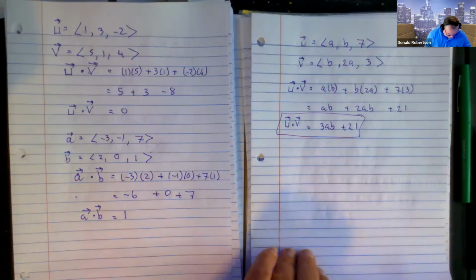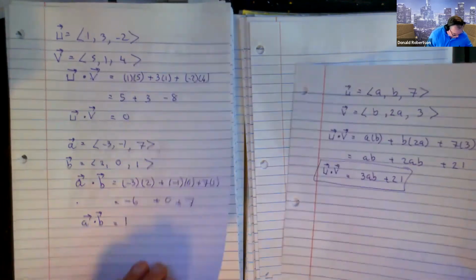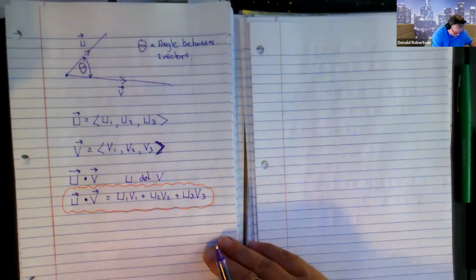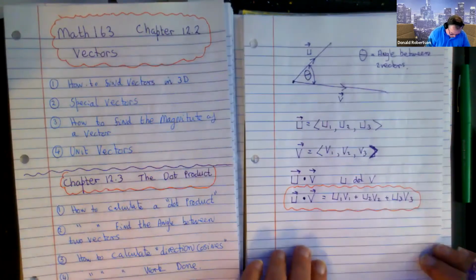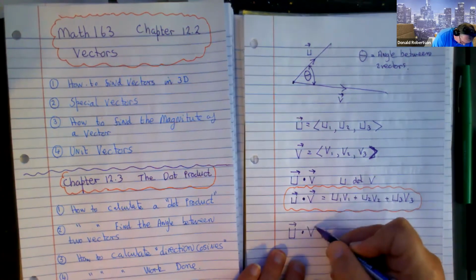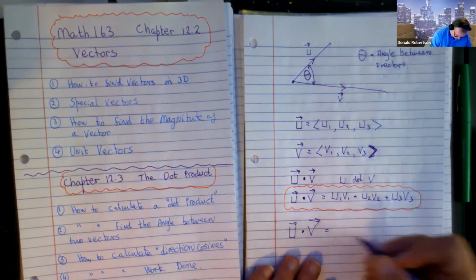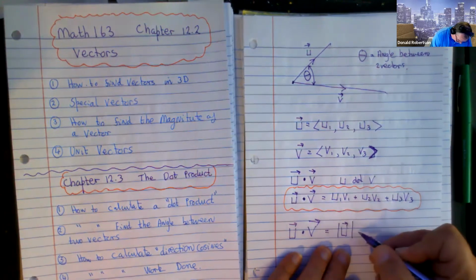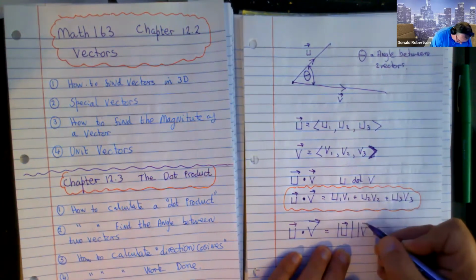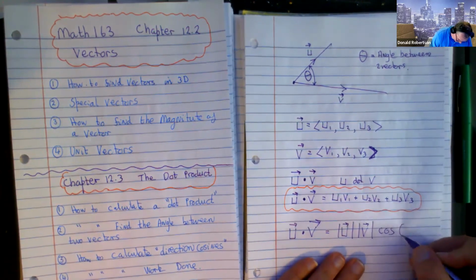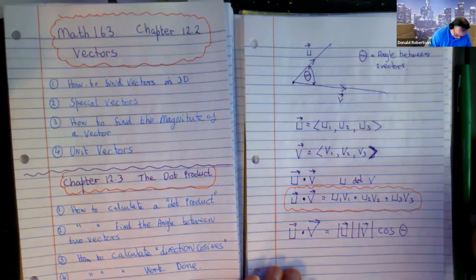Now I said there's two ways to calculate a dot product. And this is the first one, right? Here is the second method for calculating the dot product of U and V. It's the magnitude of vector U times the magnitude of vector V times the cosine of the angle between them.